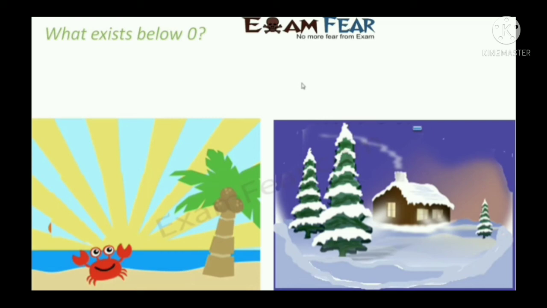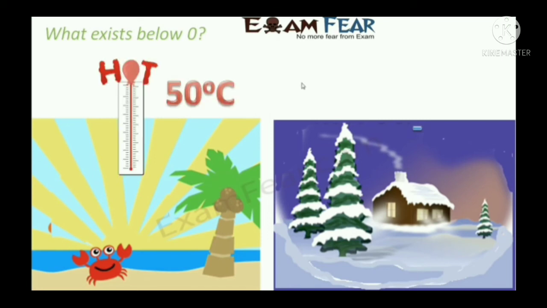So basically, it gives you information about the weather of that particular day. Now, on a hot summer day, how is the temperature? The temperature can go as high as 50 degrees Celsius. Especially in cities like Delhi, sometimes the temperature goes even beyond 50 degrees Celsius. So this is the temperature during a hot sunny day in summer.